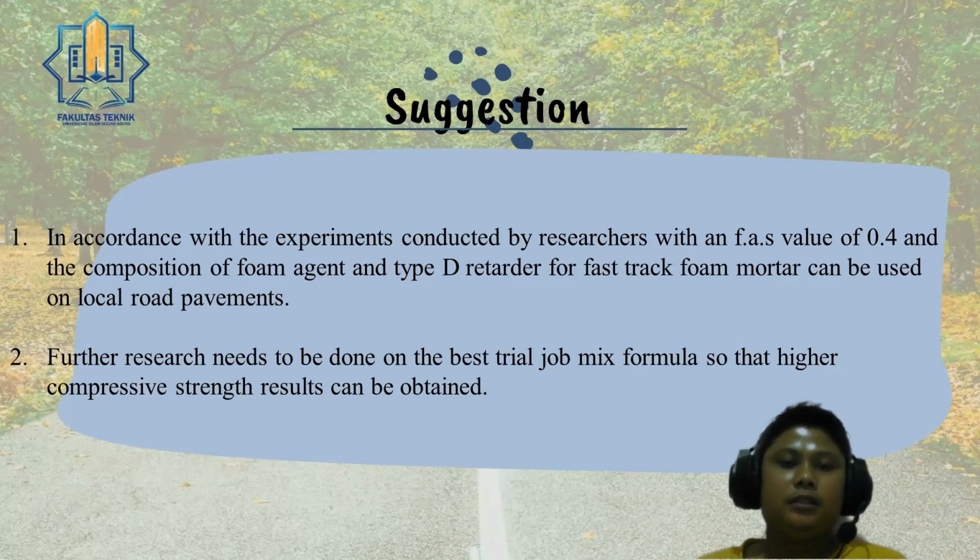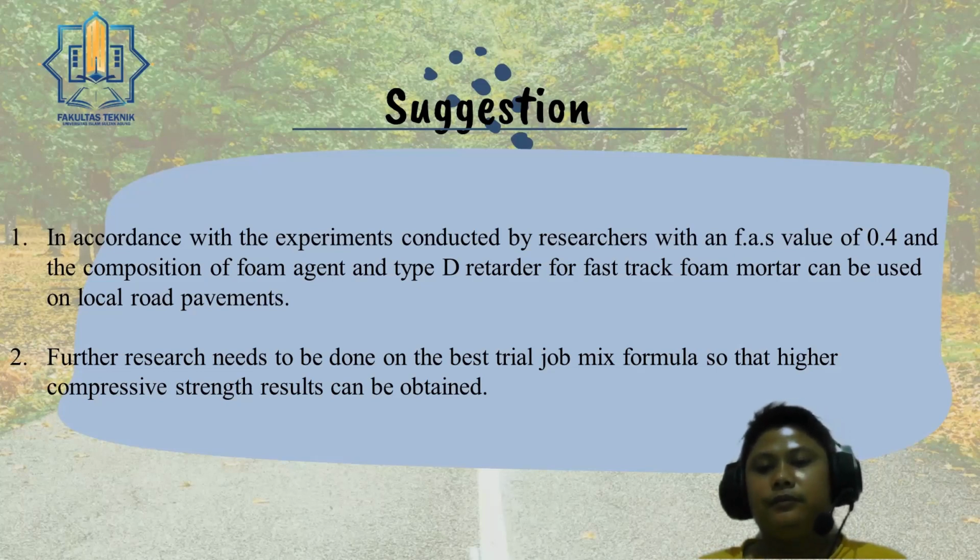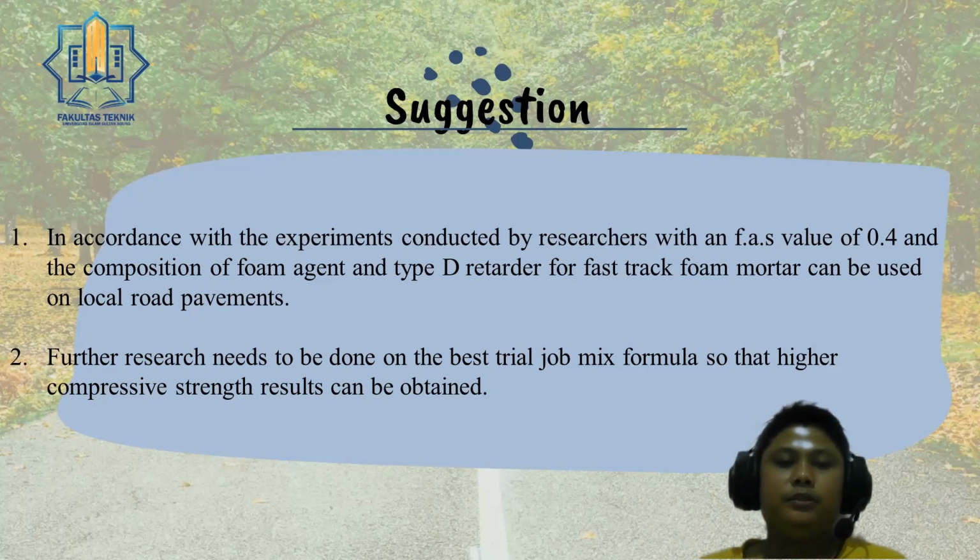The suggestion is in accordance with the experiment conducted by the researcher in Indonesia, with a mean factor estimate value of 1.5, and the composition of foam agent and type D additive for fast-track foam mortar can be used on the local market.